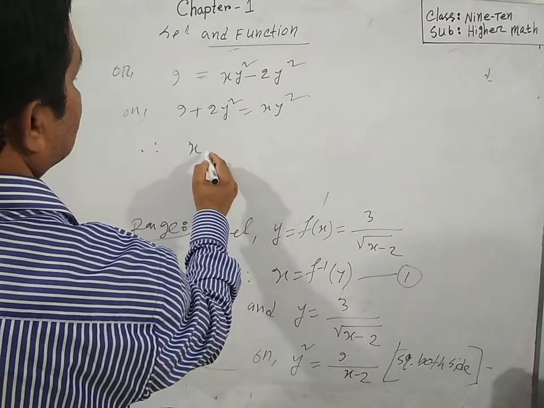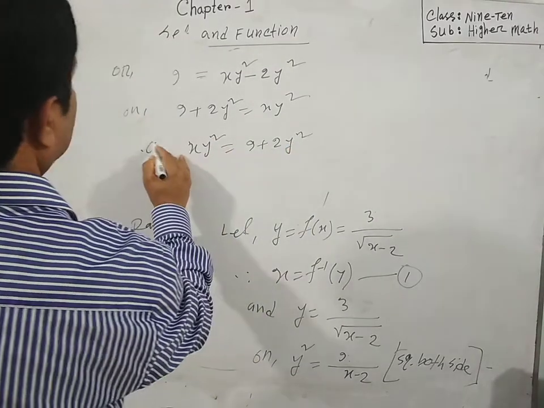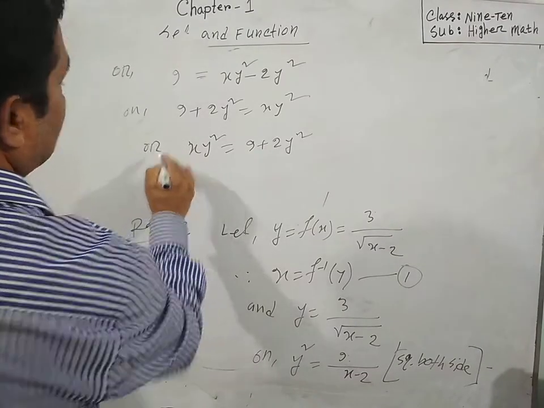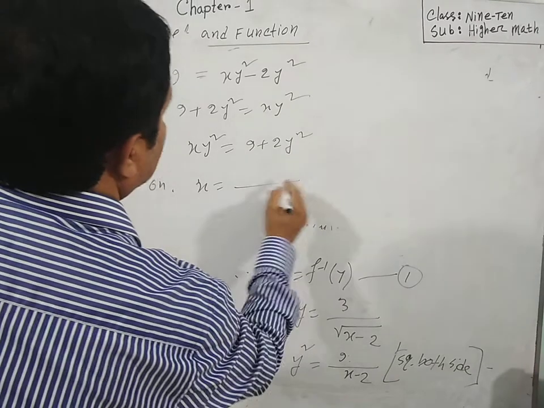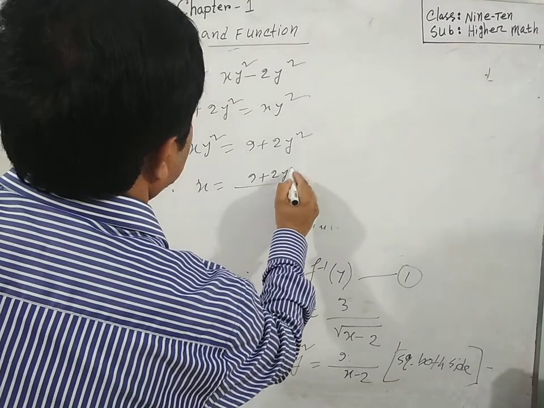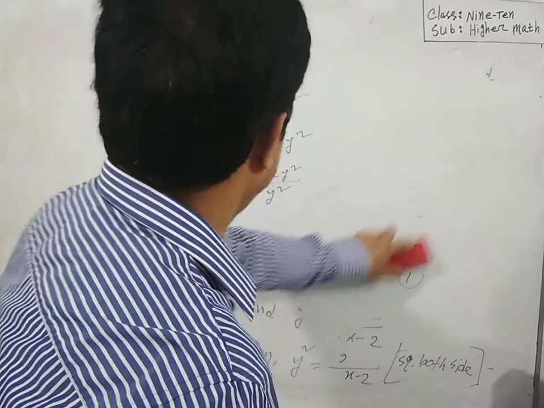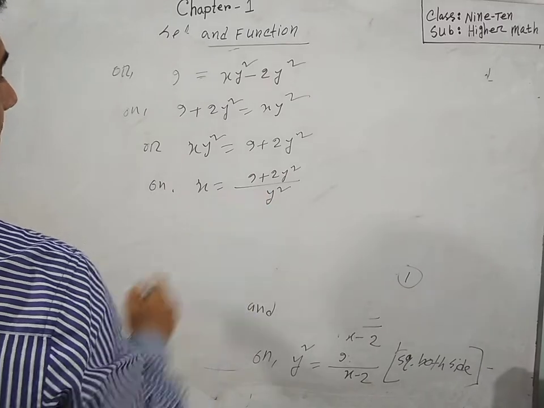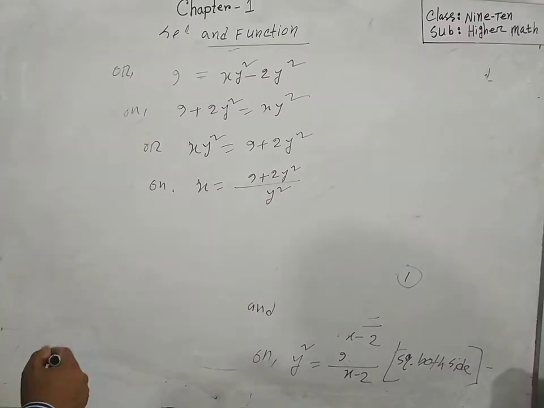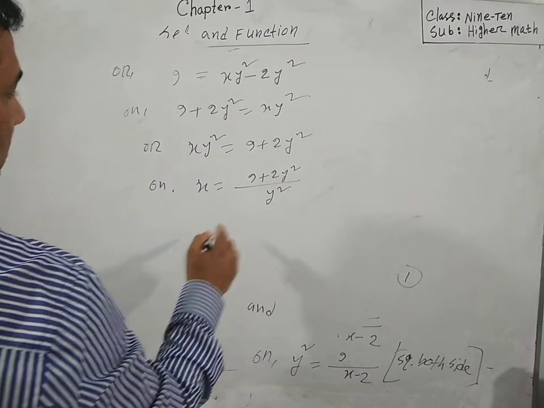So x equals (9 plus 2y squared) over y squared. Here range: y squared, the square of any number cannot be negative, so y is greater than 0.